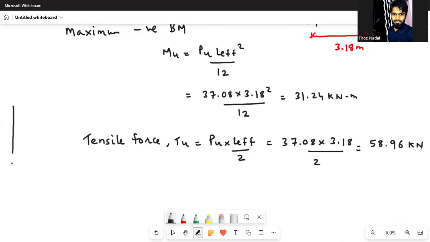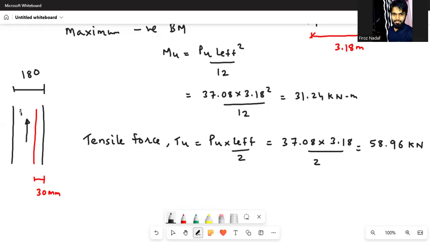Okay. And you see, you also have bending moment with respect to the tensile force. Like, for example, this is your wall, 180 mm wall. Okay. And you're providing reinforcement here, and the effective cover is 30 mm. We will assume that effective cover is 30 mm. And tensile force is acting at the middle of the wall.